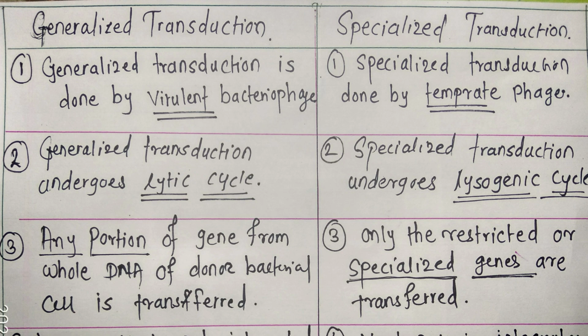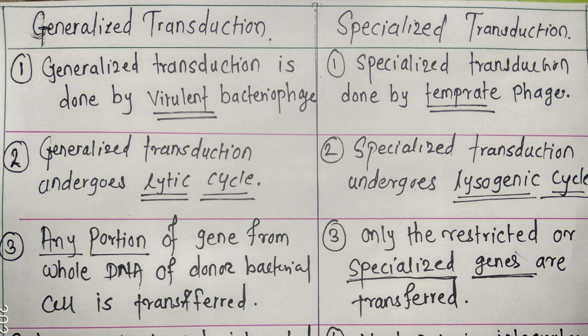In the third point, any portion of gene from the whole DNA of the donor bacterial cell is transferred. As the name indicates, in generalized transduction, from the whole DNA of the donor bacterial cell, any portion of bacterial gene can be transferred. There is no restriction, so it is also known as unrestricted transduction.